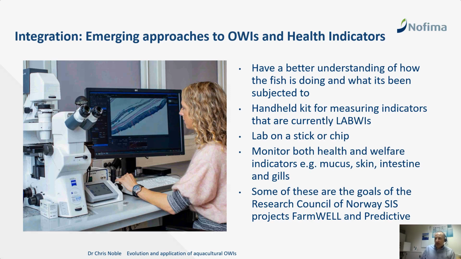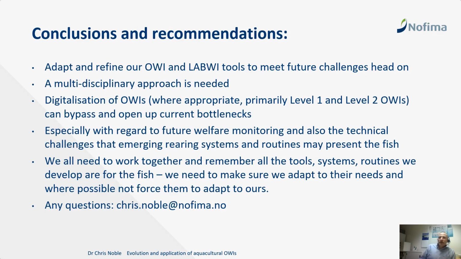You've got all of these lab on a stick and a chip developments, combining the OWIs with mucus, skin, intestine and gill indicators. We're using these now in both Farmwell and Predictive, and they're an output of the SIS project from the Research Council.